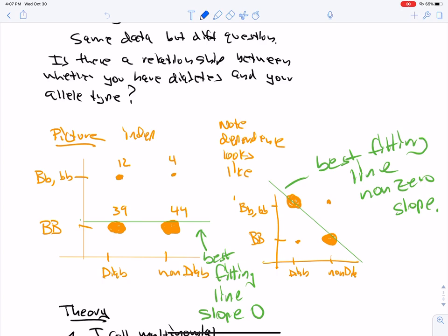That shows you that you have no dependence, or that the two variables are independent. You can compare that with, for example, a plot like the one on the right here, which would clearly have a negative slope best fitting line, a negative correlation between the two variables.